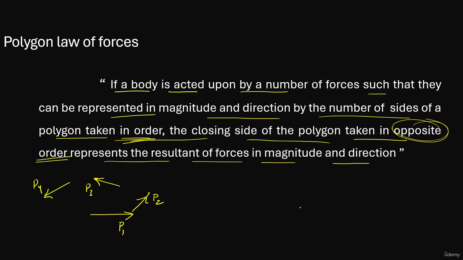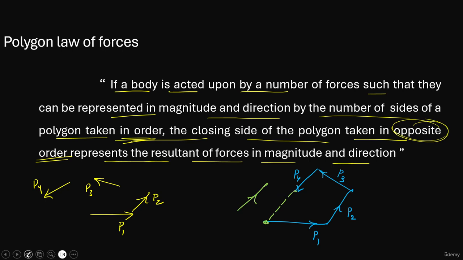We start with P1 and place the P2 vector at the head of P1, and again we place the P3 vector at the head of P2, and in the same way P4 is placed at the head of P3, and now the resultant is obtained by joining P4 and P1, but the order of the resultant, earlier the resultant used to be starting from P1 and ending at P4.